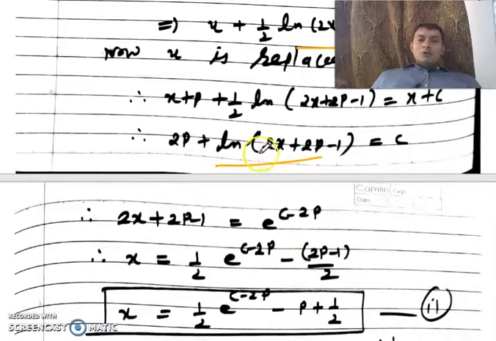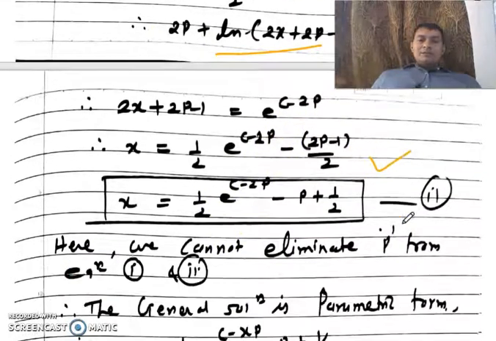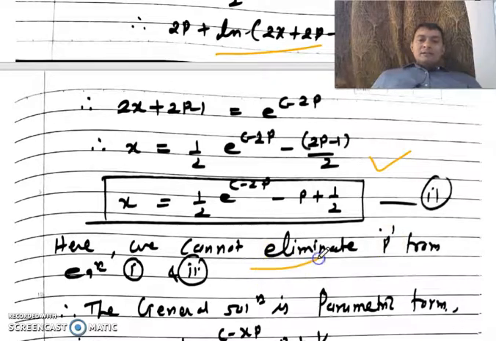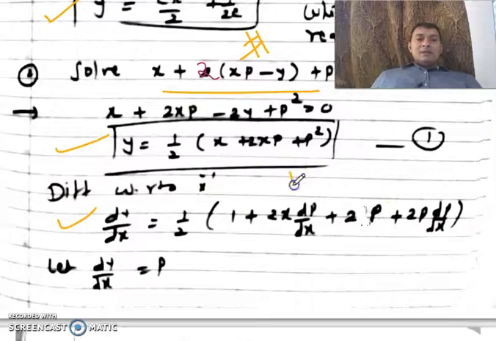But here I don't want ln, so we take this on the left hand side and 2p on the right hand side, and that will take exponential form. So here we can observe that we cannot eliminate p from equation number 1 and 2. This is equation number 2, and this is equation number 1.